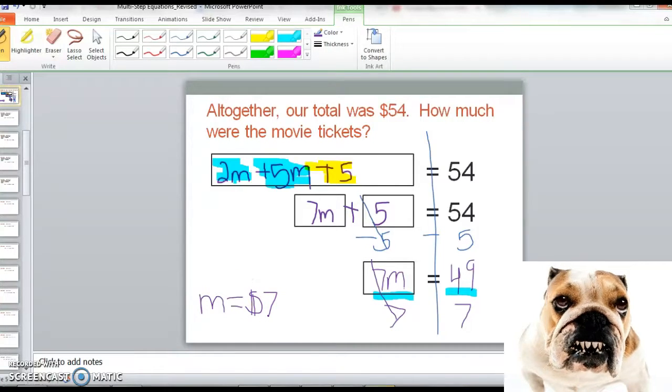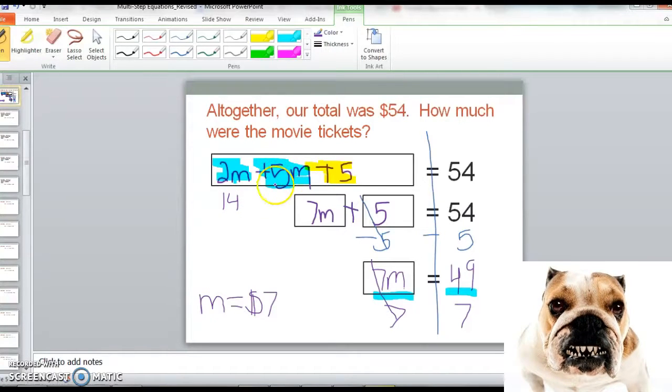If I were to plug 7 back into the equation, it should equal 54. So let's check. 2 times 7 is 14. 5 times 7 is 35. 35 plus 14 is 49.